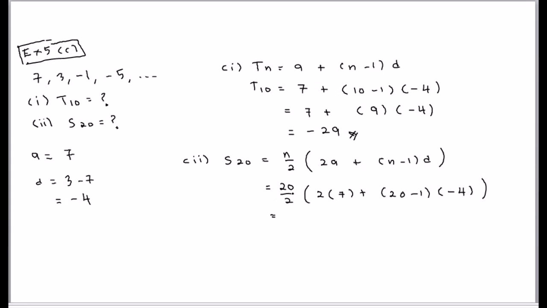Let's try to simplify. 20 divided by 2 is 10. 2 multiply 7 is 14, plus 20 minus 1 is 19, multiply negative 4. Either you can further simplify the equation, or you can straight away use a calculator. Okay, substitute according to the equation. And final answer, we get negative 620.